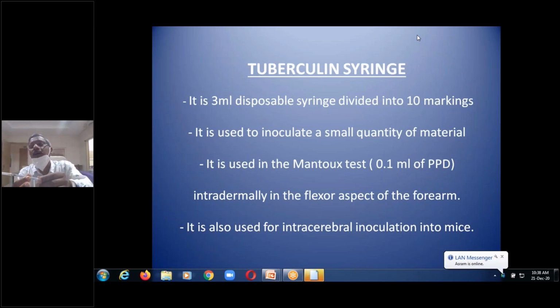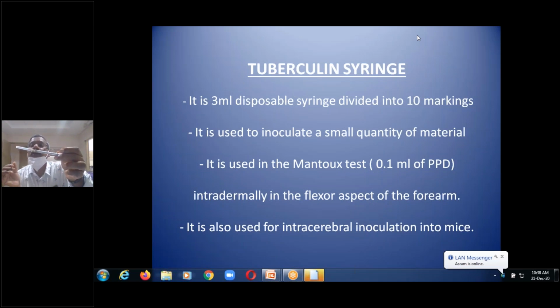This is the spotter of the tuberculin syringe. Please all of you note it down. We have to take 0.1 ml of the purified protein derivative and inject intradermally, not subcutaneously.